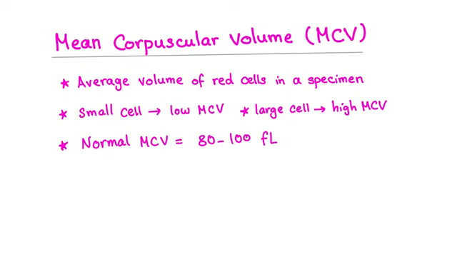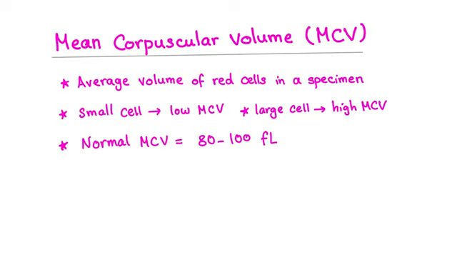Then we have the mean corpuscular volume. Corpuscle means kind of body or a cell. So the mean corpuscular volume is the volume or the average volume of the cell, of the red blood cell. So it's the average volume. The small cell will give us a low MCV. Large cell will give us a high MCV. That's a no-brainer.